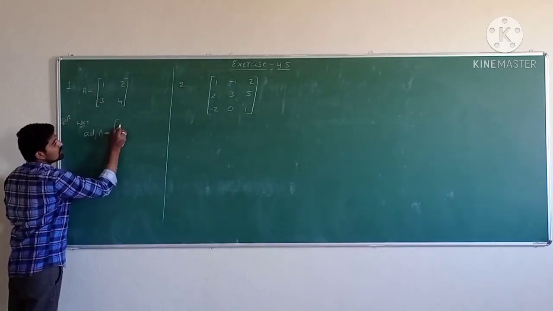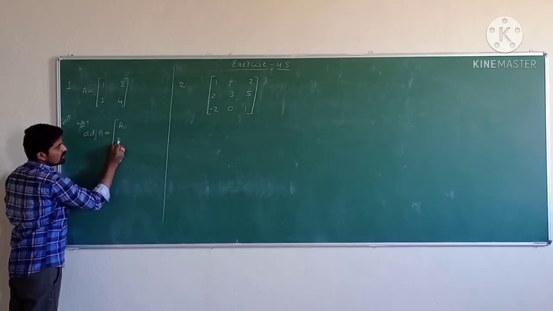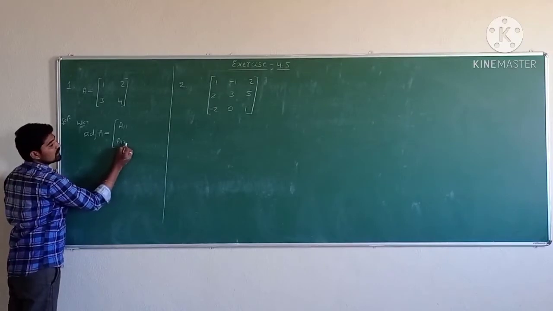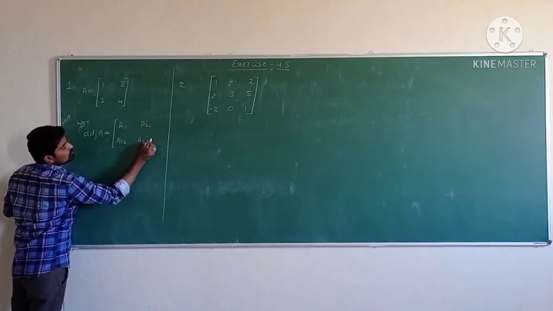Therefore, adjoint of matrix A is A11, A12, and second column A21, A22.